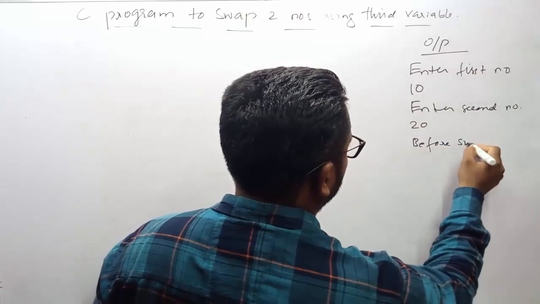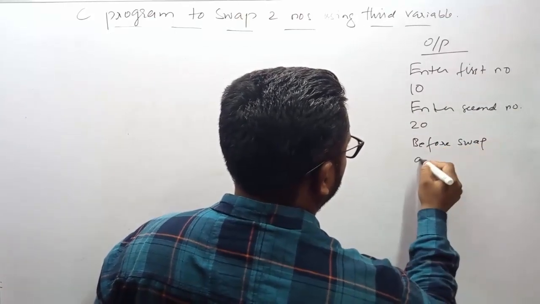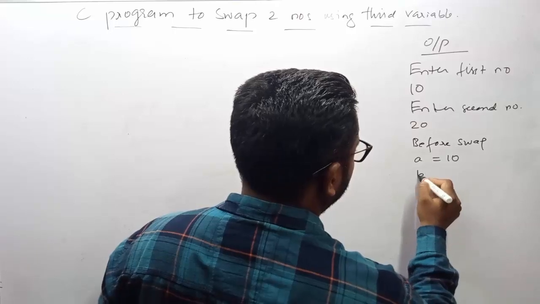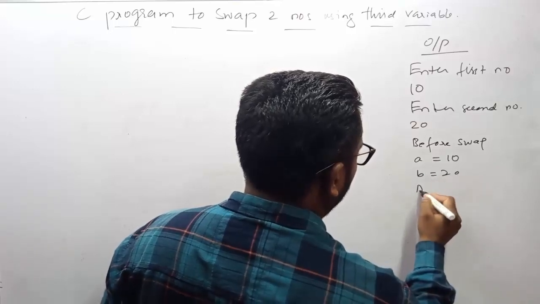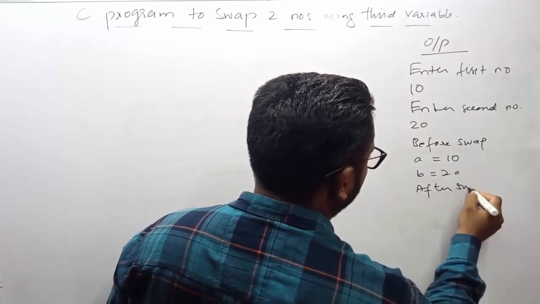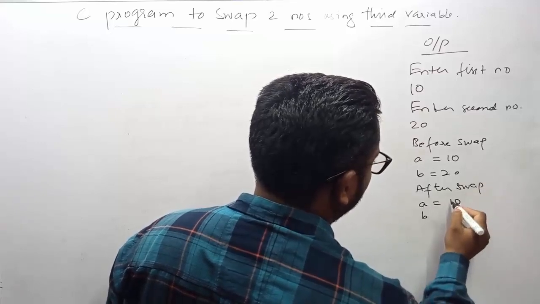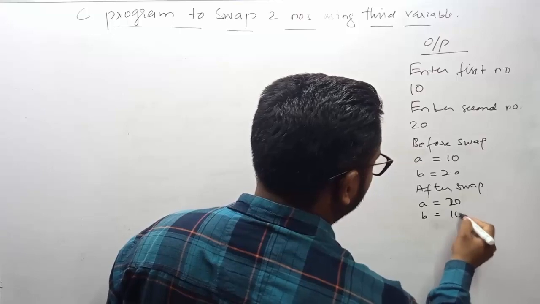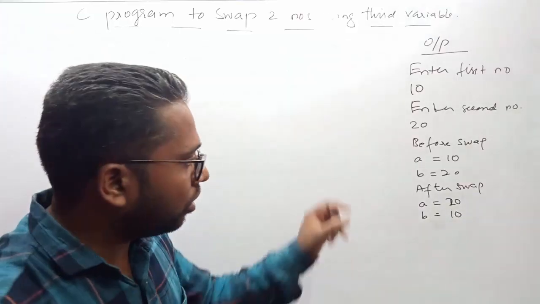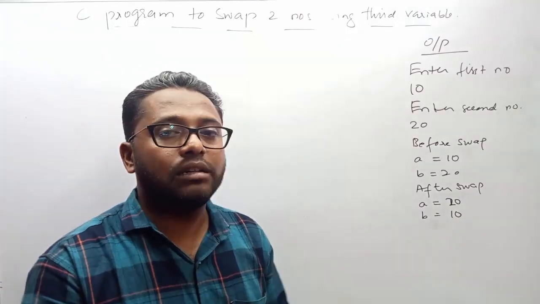Before swap, A equals 10, B equals 20. After swap, A equals 20 and B equals 10. I want the values of these two variables to be interchanged.